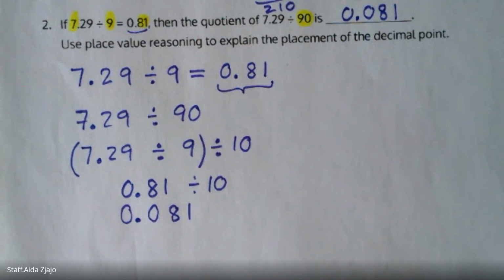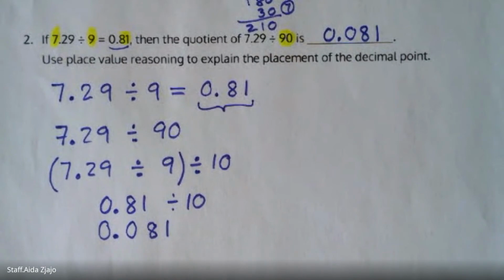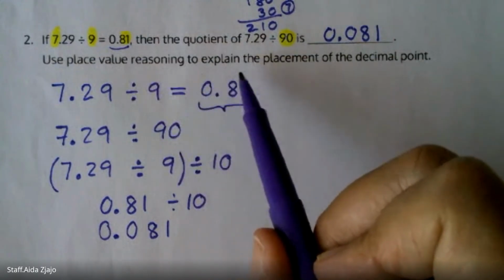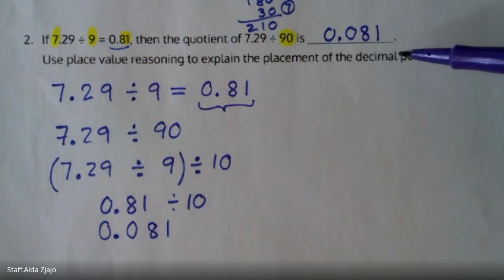This is the exit ticket, grade 5, mission 2, lesson 24, and this was Mrs. Z. We can write an explanation: use place value reasoning to explain the placement of the decimal point.